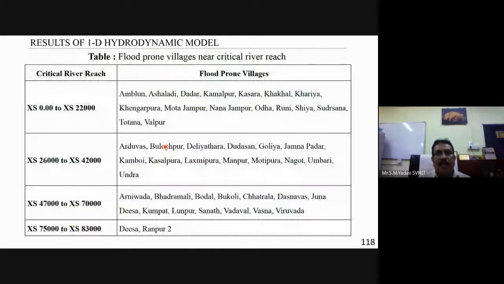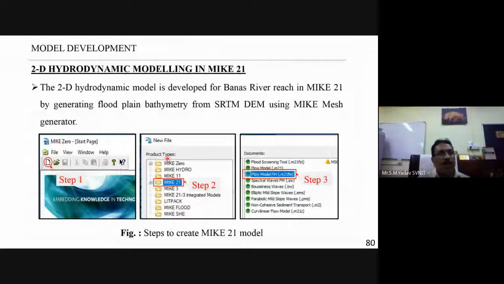Then, as we have identified the flood prone villages, which are critical at various chainages, after developing the 1D model, we have gone for a 2D hydrodynamic model using MIKE 21.